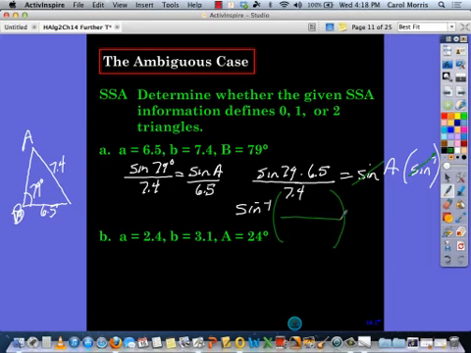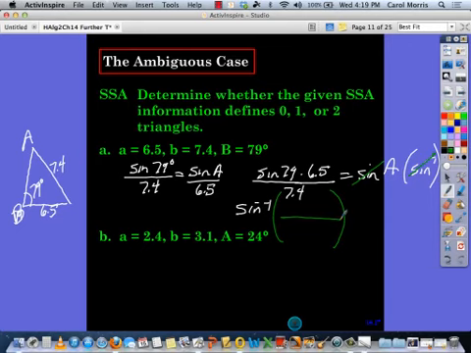So let's go right to our calculator and see if we can get that written in. Just double check your numbers: 6.5, 7.4, 79, cross products, divide. Okay, we should be good. So let's do just a calculation first.